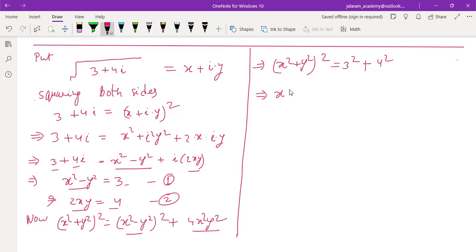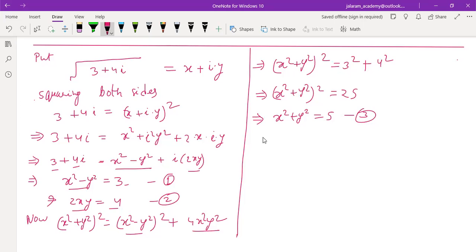That is x square plus y square whole square equals 25. It implies x square plus y square equals 5, which is equation number 3.